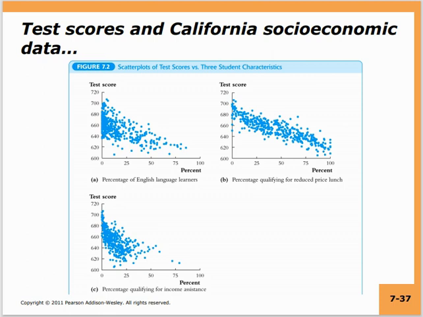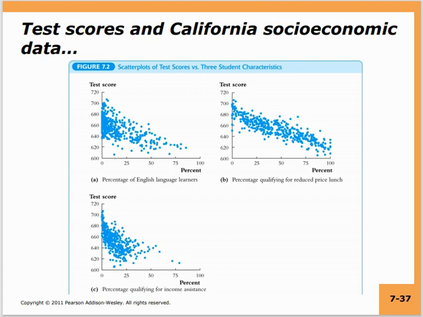Percentage qualifying for income assistance. So this is another proxy variable for the level of income of the families. Even here we find that with more people qualifying for income assistance, the scores become slightly smaller, but there is actually a lot of variance in the data.